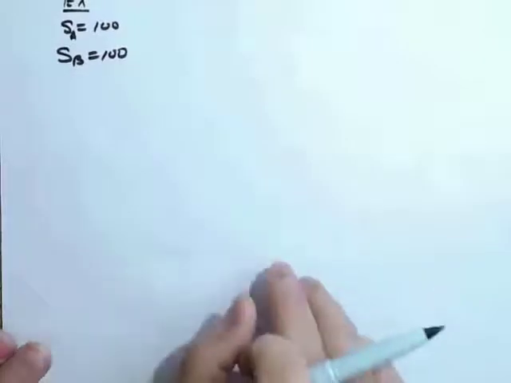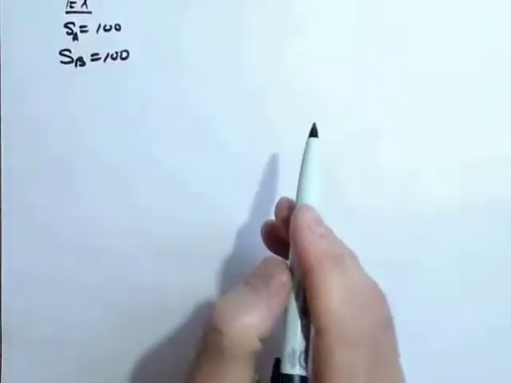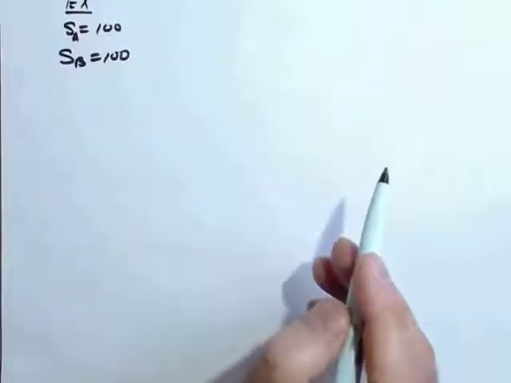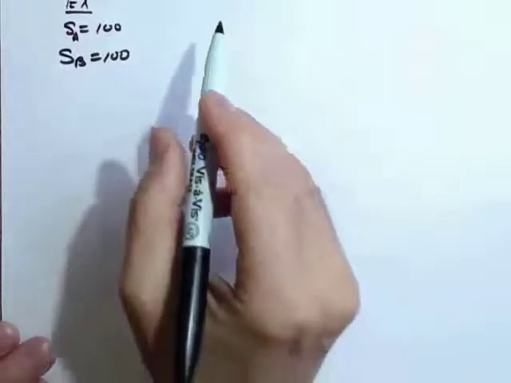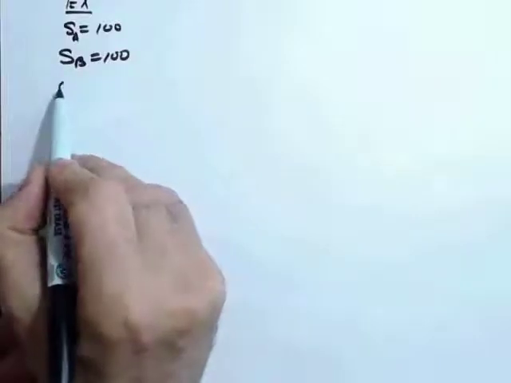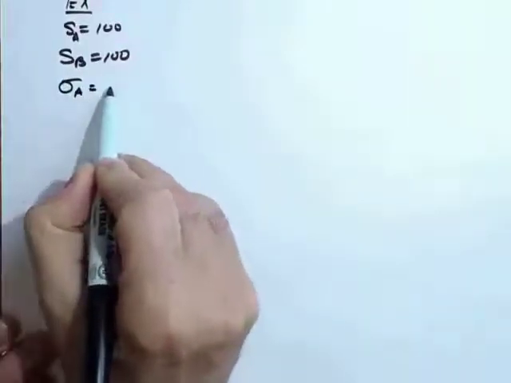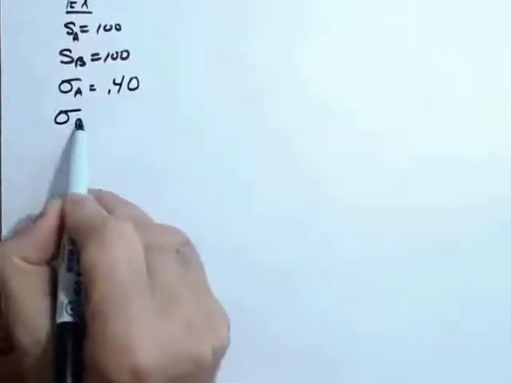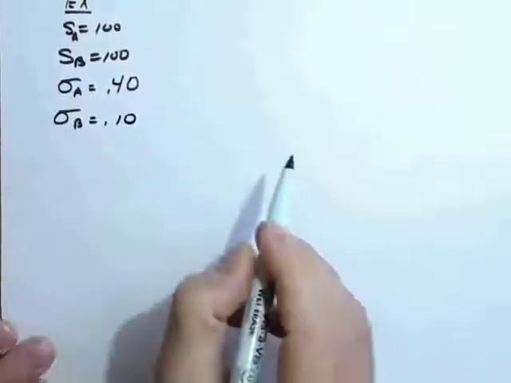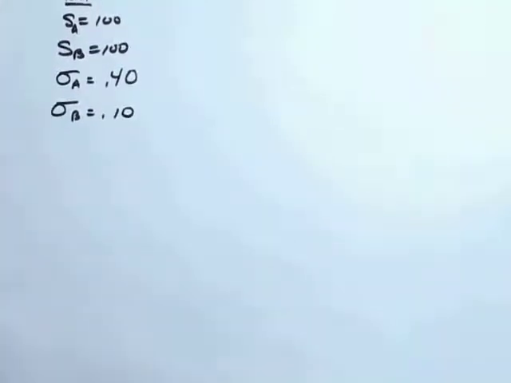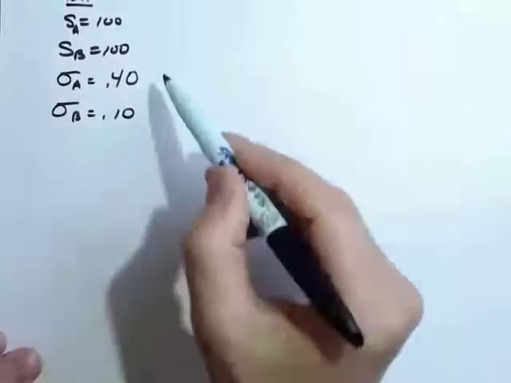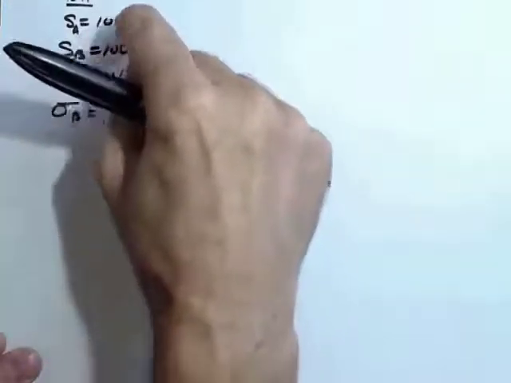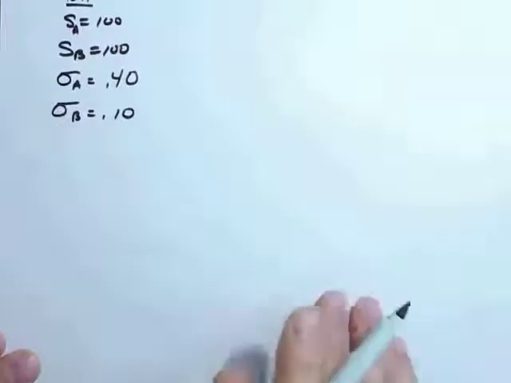B stands for the X. The stock price of B stands for the X. So right now the stock is at 100 for A. It's 100 for B. We're going to assume sigma A equals 0.40, sigma B equals 10. Okay, and what's interesting is let's think about it now. We have to model this. We have to model how these two securities behave relative to each other.